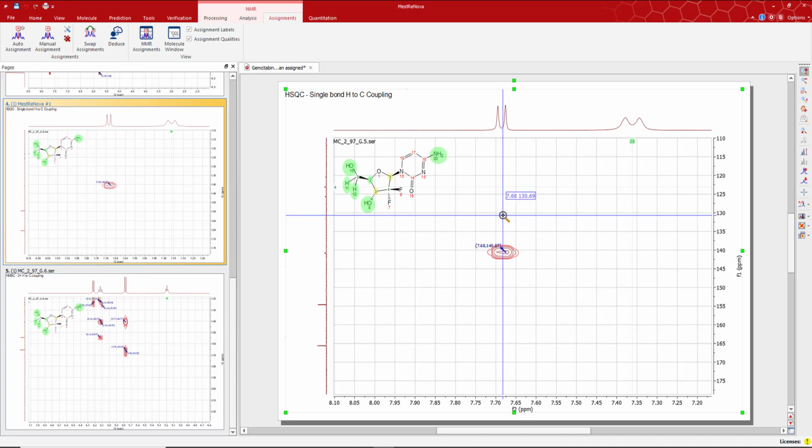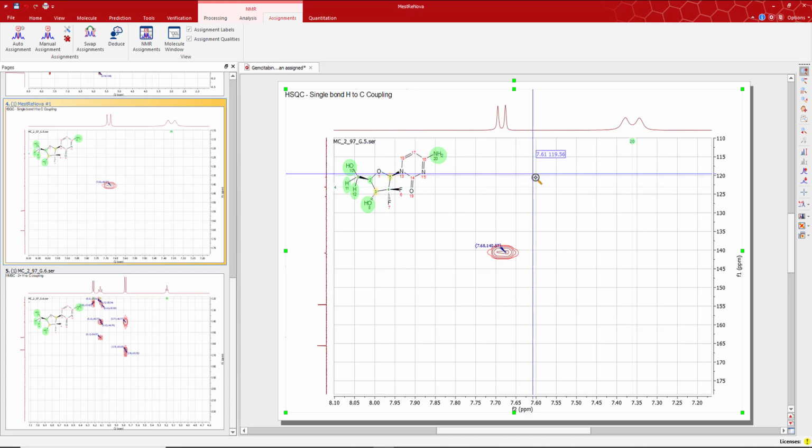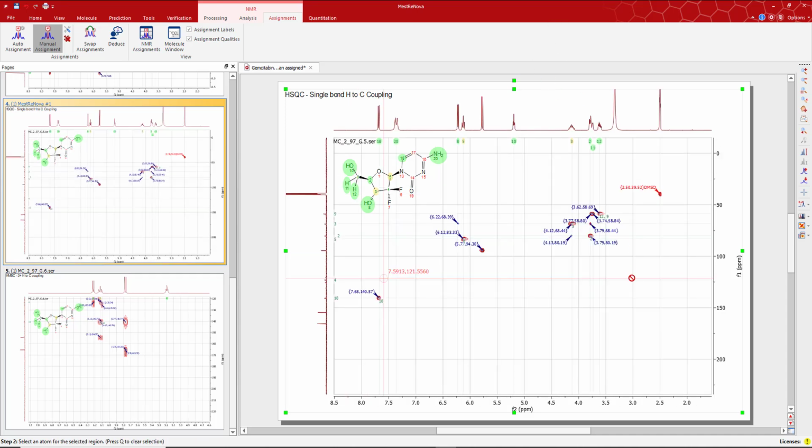And again, the only reasonable choice for that signal is number 18 right here, because that's the only one that's likely going to be observable by number 5. So I'm going to go to manual assignment. I'm going to click at the center of that peak, and I'm going to click on protons and carbon 18, and you can see MNova's now got those assigned.